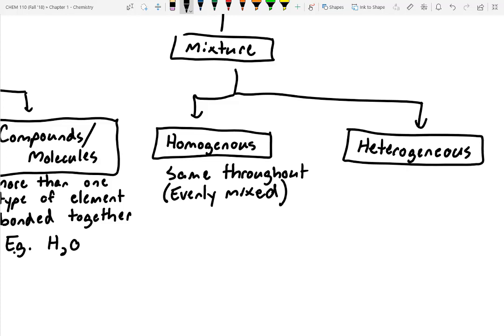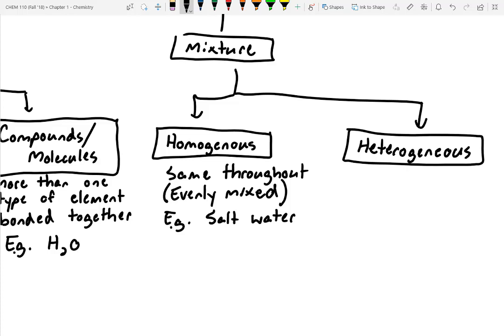An example of this would be salt water. So if you take, let's say, a teaspoon of salt and you throw it into a liter of water, it's now a combination of salt mixed evenly with that water, right? So if you shake it up enough, that salt will completely disappear into that water. It's evenly mixed. So it's homogeneous. It's the same throughout. It doesn't matter if you sample at the top or the bottom. It's going to be about the same, right?